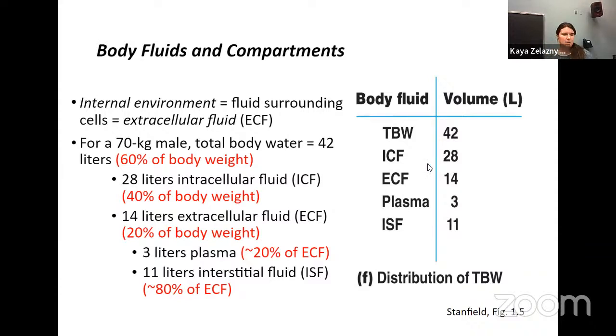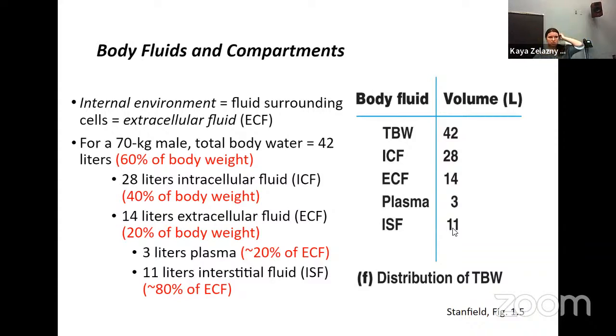So we add those together and get our total body water again. And then we divide down the ECF further between, is it in the plasma, which you have about 3 liters of fluid in your blood, versus is it in the interstitial fluid, so just generally surrounding cells, about 11 liters surrounding the cell.